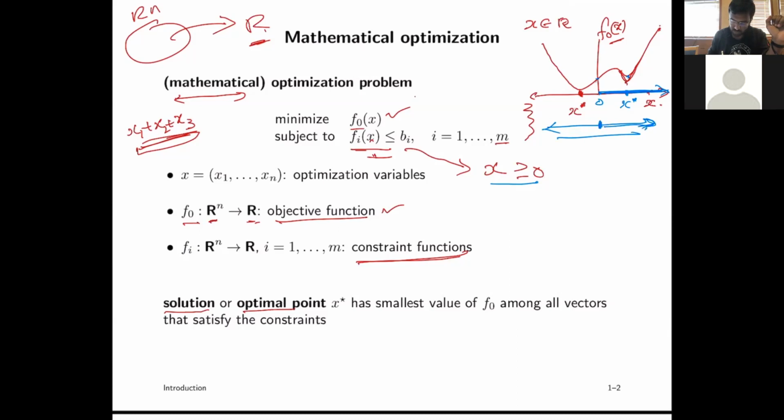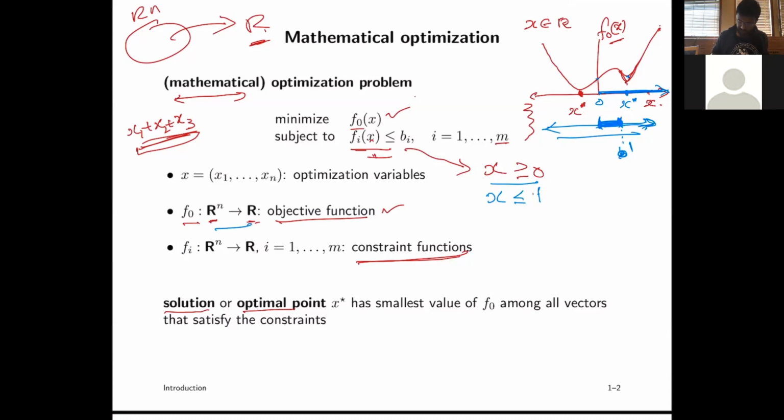Sometimes this could be a very small region. You are saying that over this region, what is the minimum value? So then you can again add a constraint here, like x is greater than or equal to 0, and x is less than 1.